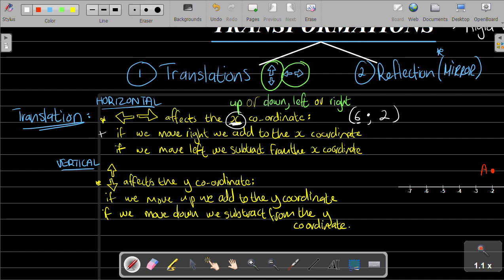Now the next point is very important. If we move right, we add to the x coordinate. Let's say I have a point 6 and 2 on my Cartesian plane, and it says it has moved right, then this value is going to shoot up. We're going to add to that.